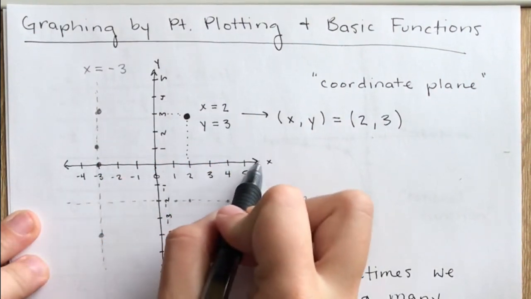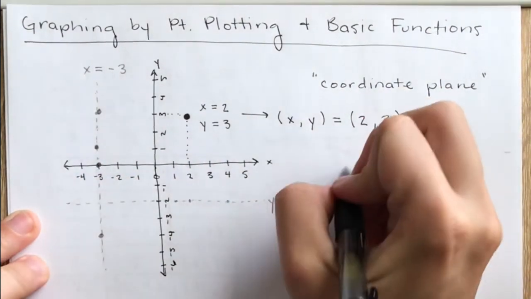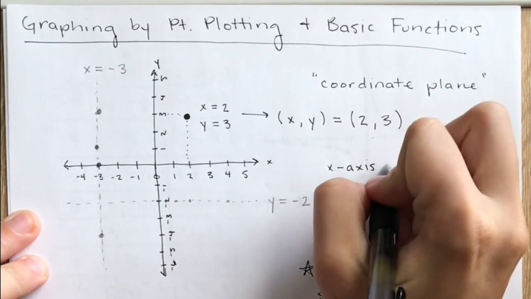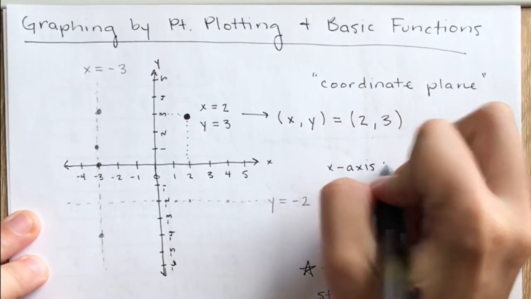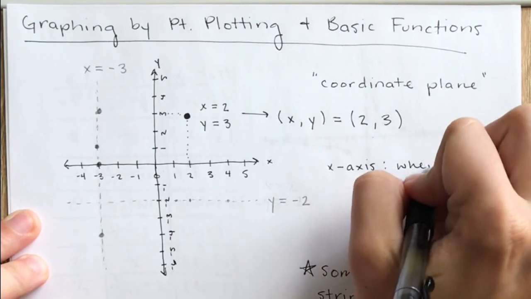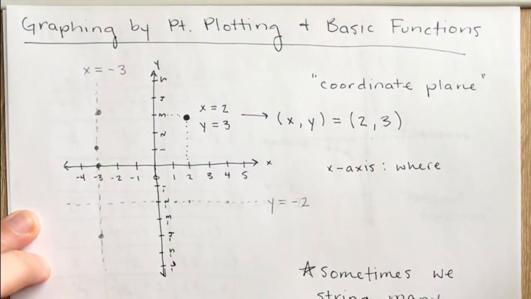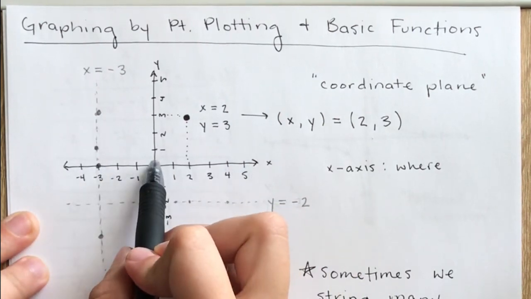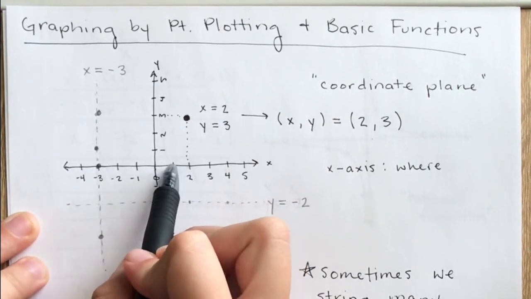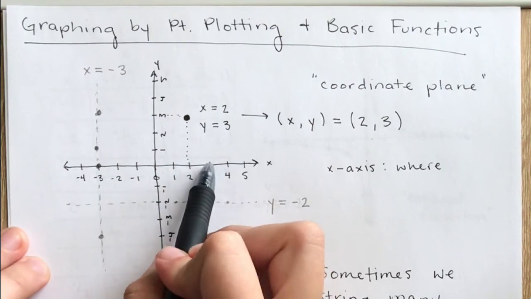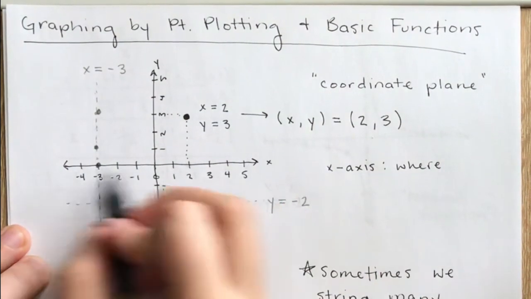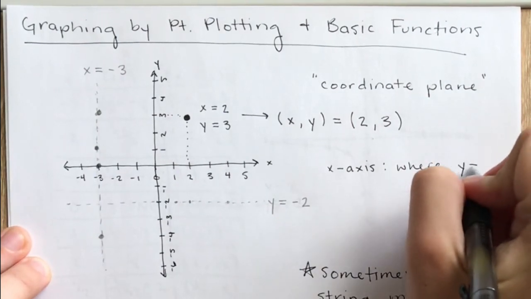This line is the x-axis. And this is kind of counterintuitive, what do all of these points have in common? We've got (0, 0), (1, 0), (2, 0), (3, 0), (5, 0), (-3, 0). This is where y equals 0.